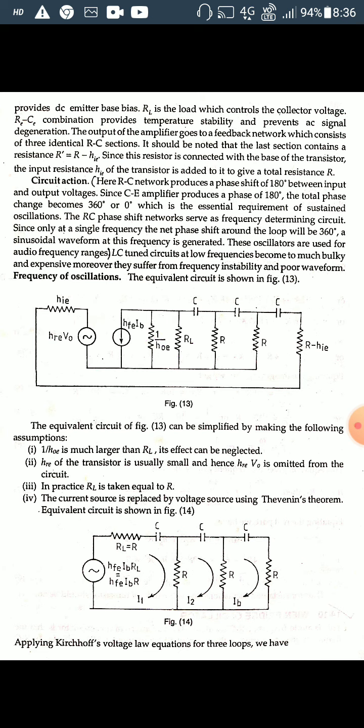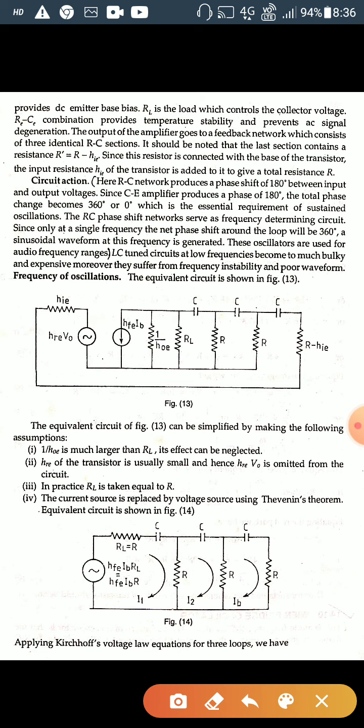Now check what will be the ultimate circuit diagram. This is the short one, this is the omitted one. Here this is the source. If you convert this source into a voltage source, at that time this parallel resistor, that is R_L, or it can be the value of R, is multiplied.